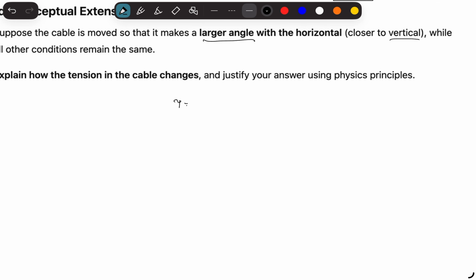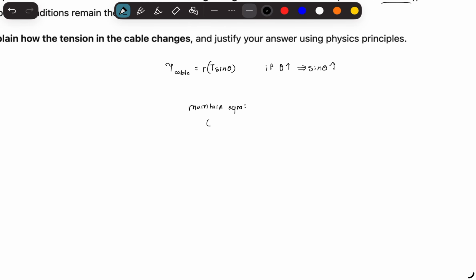Our torque from the cable is equal to R T sine theta. If theta increases, then sine theta increases. And you also have to maintain equilibrium, so T sine theta times R is going to be constant.